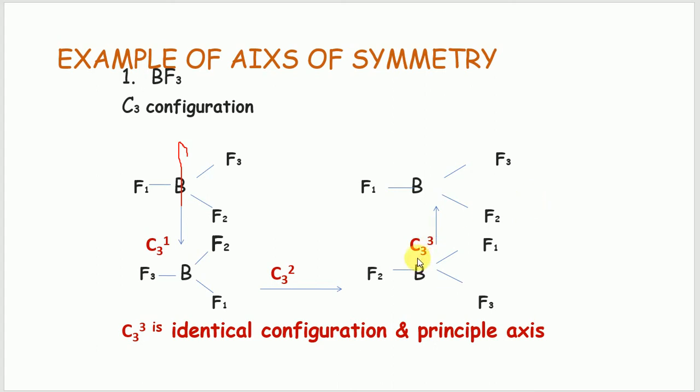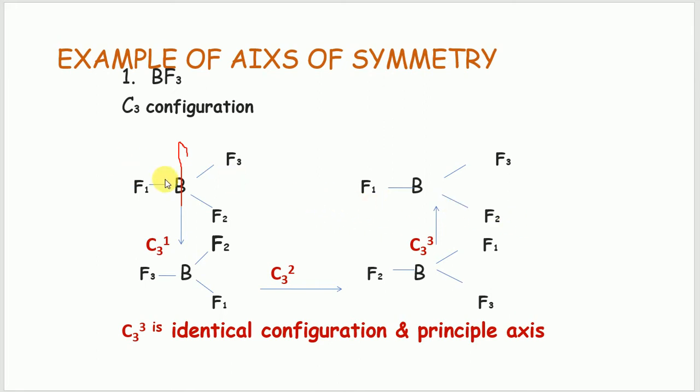And C3^3, the operation which results in the identity or exactly similar or original configuration, is called the identity operation. So C3^1 is not the identity operation, C3^2 is not the identity operation, but C3^3 is the identity operation.